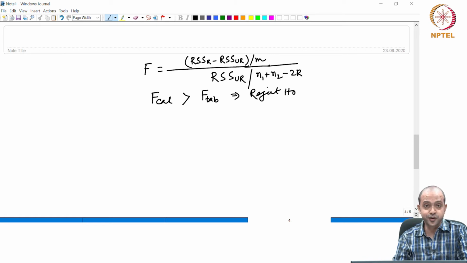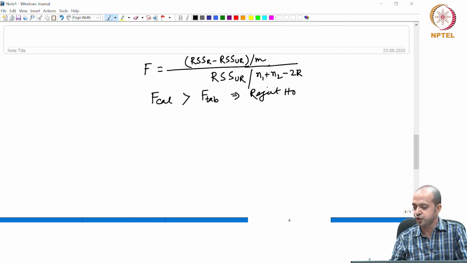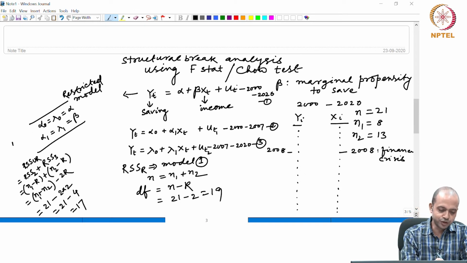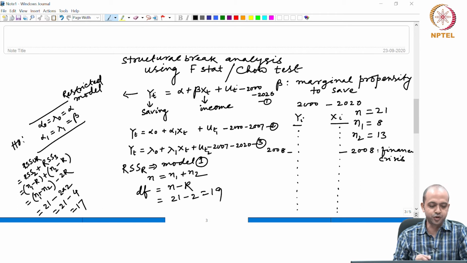There is no significant difference in the saving income relationship post financial crisis. That means there is a significant relationship because you are rejecting the null. When you are rejecting the null, that means my null hypothesis is basically this one.